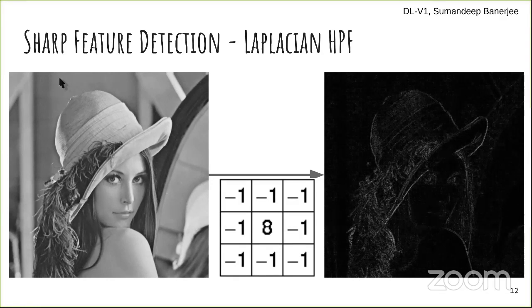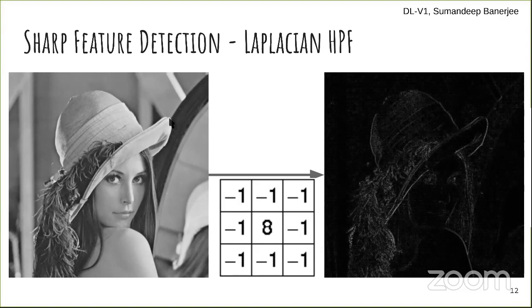So the regions which are smooth, with uniform values, appear to be black in the output. And in the region where there is very rapid change in the surroundings, the -8 does not get cancelled with the +8 at the center pixel, and there we actually get a strong response.